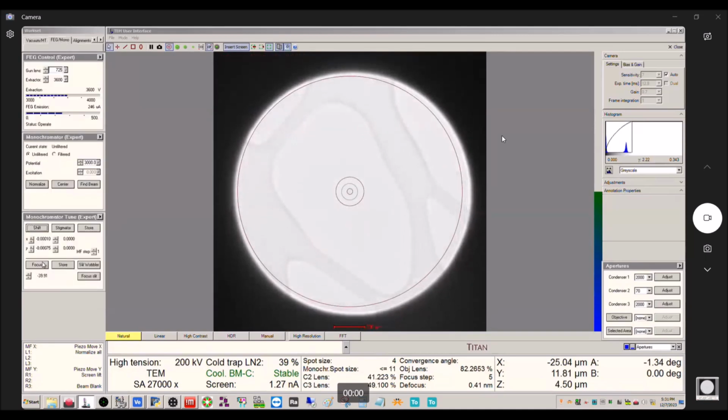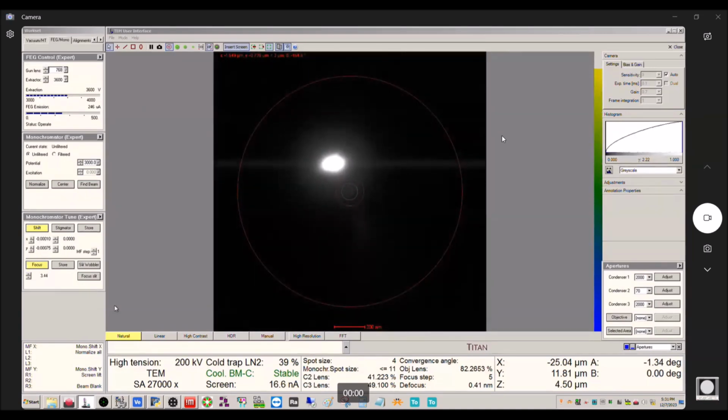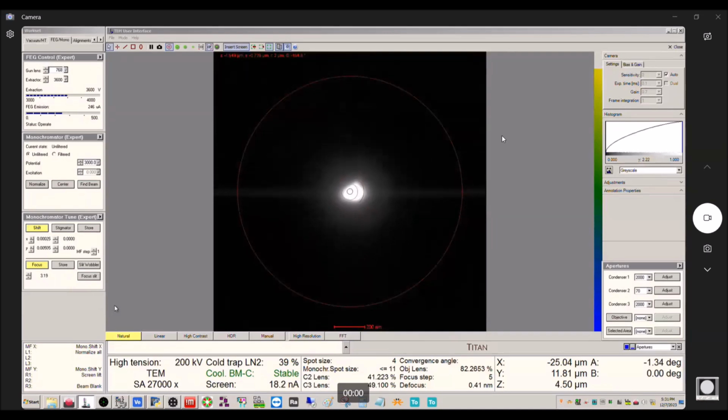If I go to my monochromator tune panel and bring my monochromator to focus like this, what you see is a point, a nice well-defined crossover. Technically speaking, this should be close to 0 at crossover. It's off a little bit, but we don't need to worry about that. But this is what it looks like when we're not filtered. This is unfiltered.